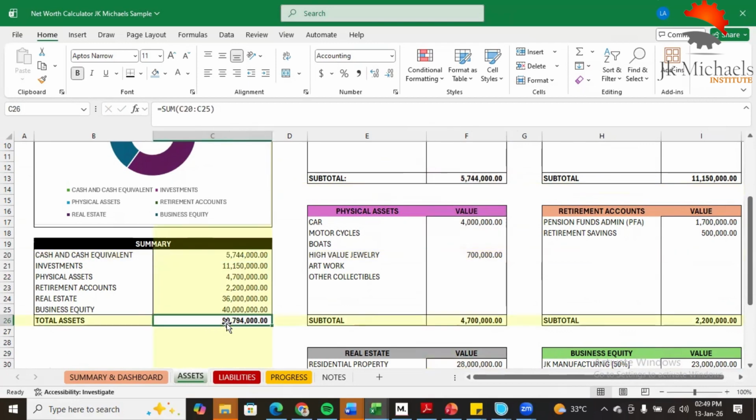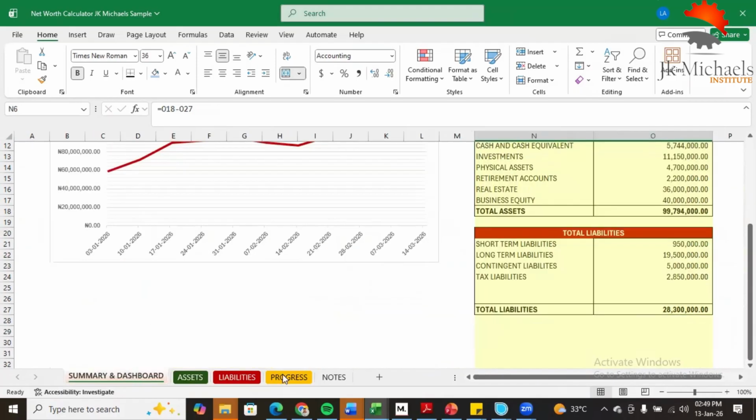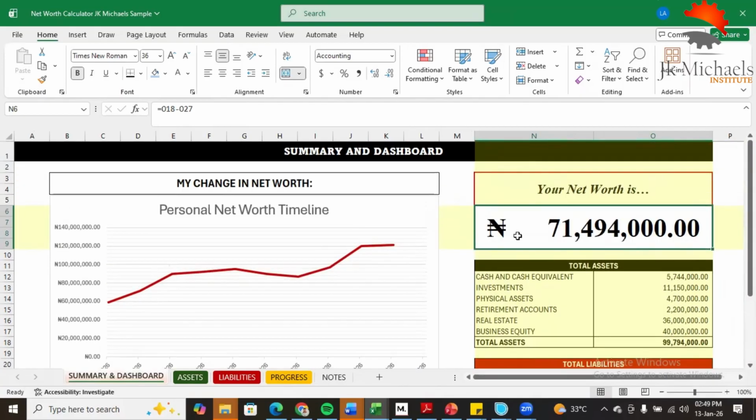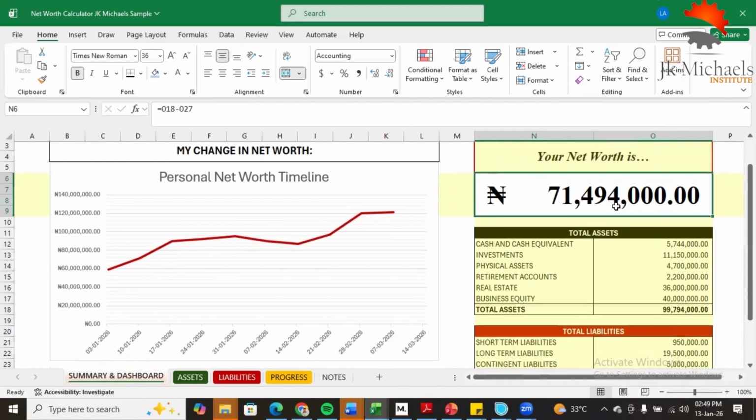Now our total assets comes to 99,794, right? Let's see how that matches. Liabilities remained the same. So we have 71,494,000.